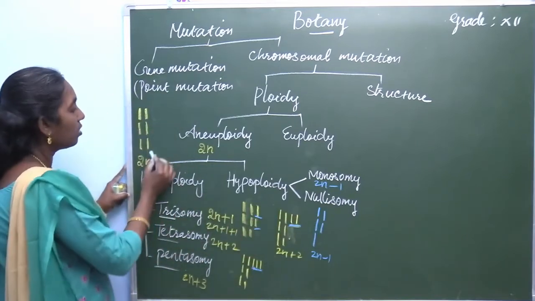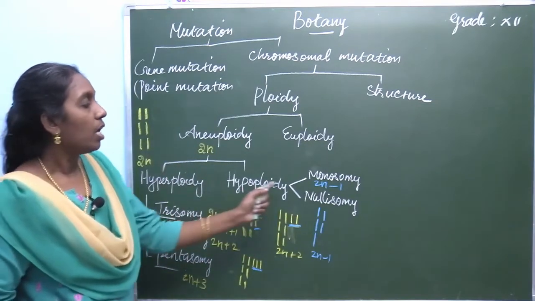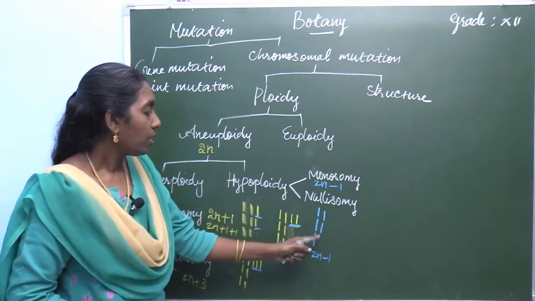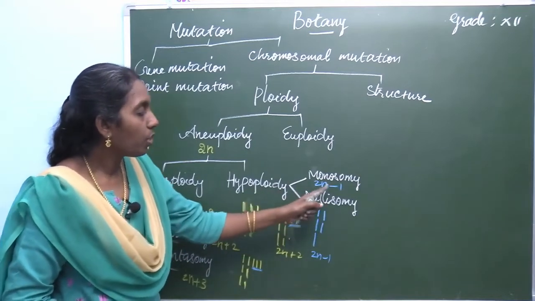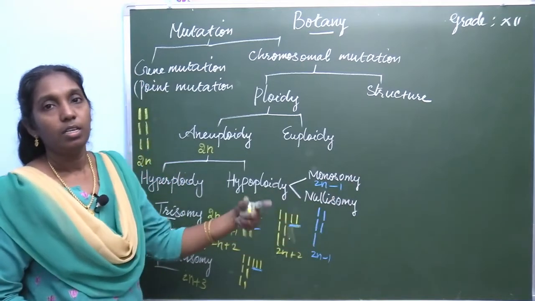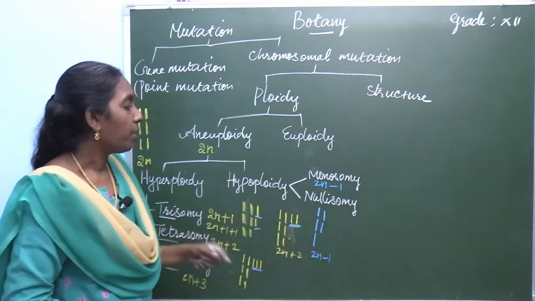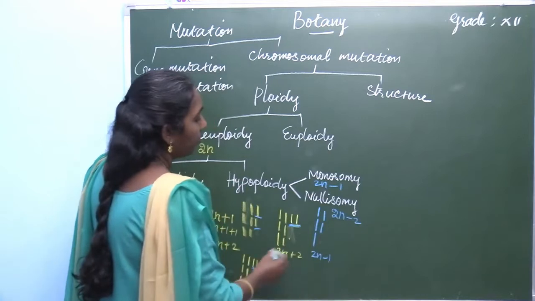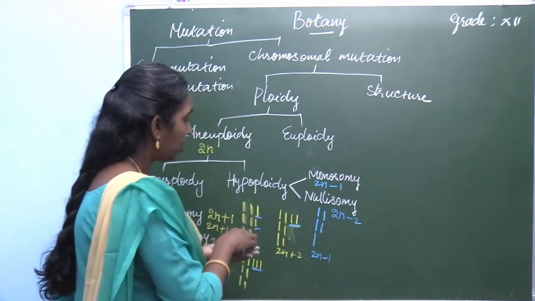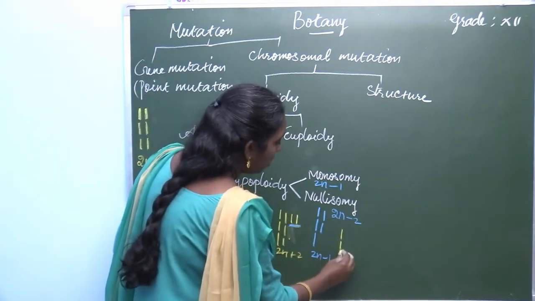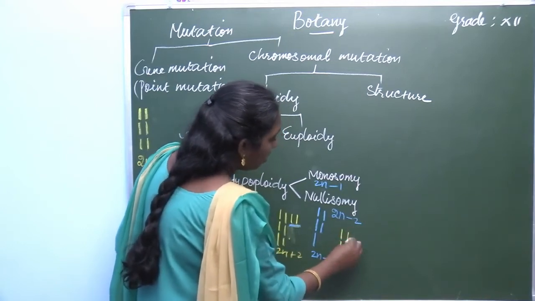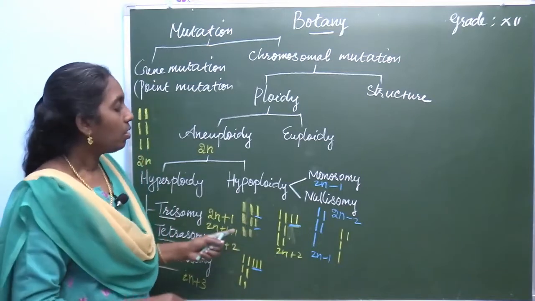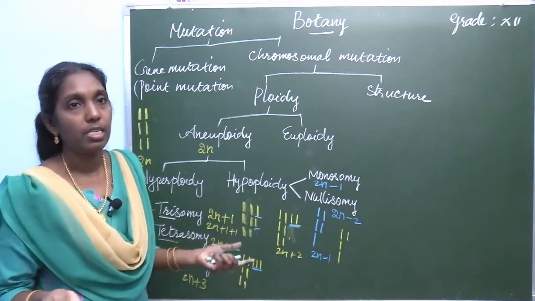And nullisomy is 2n minus 2. Sometimes double monosomy occurs, 2n minus 1 minus 1. In nullisomy, from the normal set, these two are deleted, so it is 2n minus 2.